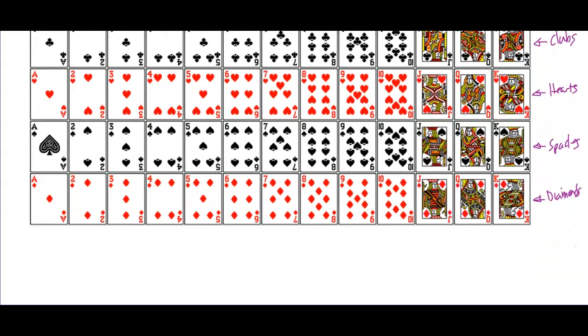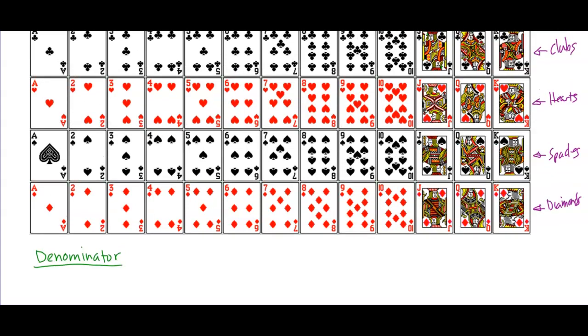We have to start by figuring out what the denominator is, of course. And the denominator is going to be the total number of different ways you can get 5 cards out of this collection. Now, that's going to be a situation where you're getting 5 out of a group of 52.